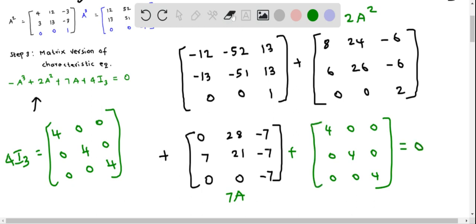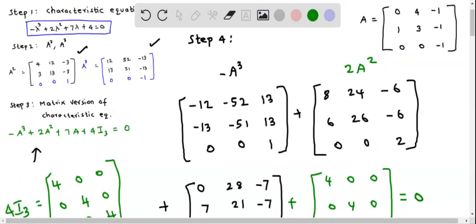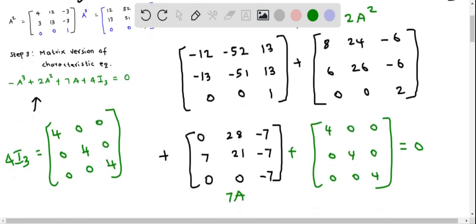Let's verify that. Now it's just a matrix addition of these matrices, that is negative A cube plus 2A power 2, then plus 7A plus 4I3. This represents 4I3. We have to add the corresponding elements. So the corresponding elements are negative 12, 8, 0, and 4.